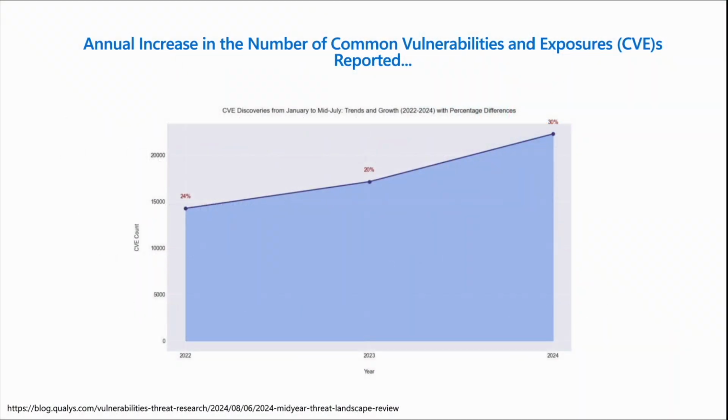As we see on the graph here, this is a growing problem, and it's only going to increase from here. To effectively mitigate such threats, it is crucial that we prioritize actively exploited vulnerabilities, leverage threat intelligence, and regularly schedule scans to detect new vulnerabilities that may come up.